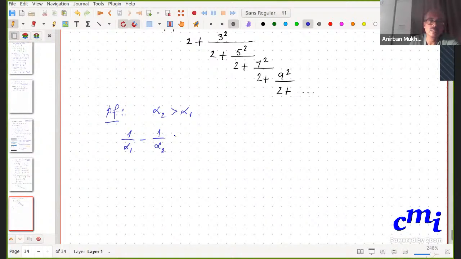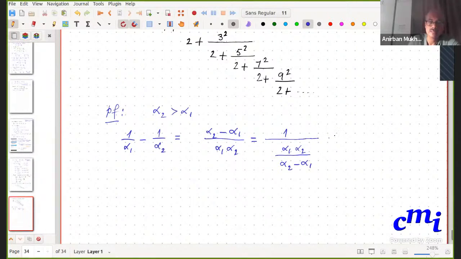This is a positive quantity. This is (alpha 2 minus alpha 1) by alpha 1 alpha 2. Let's invert it. So this is alpha 1 alpha 2 by alpha 2 minus alpha 1.